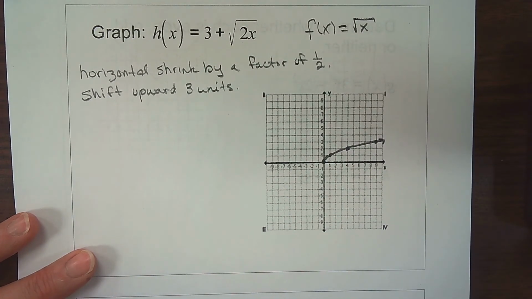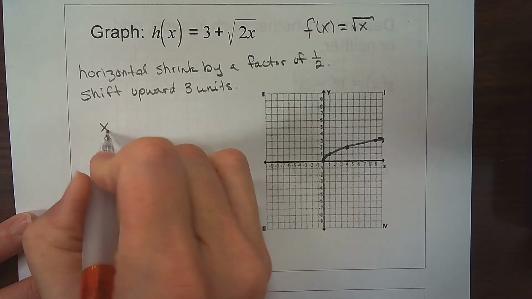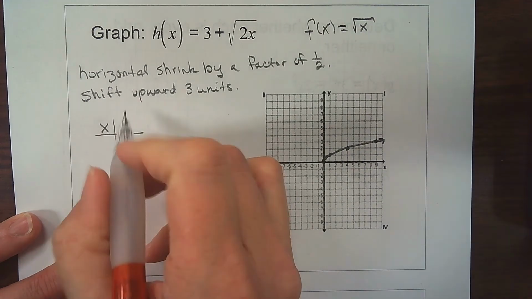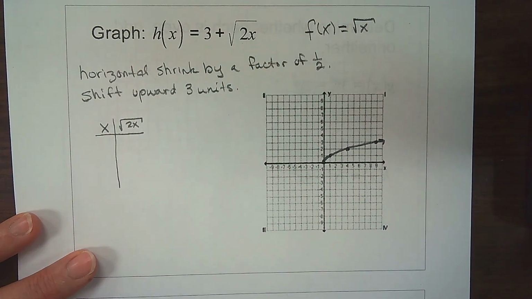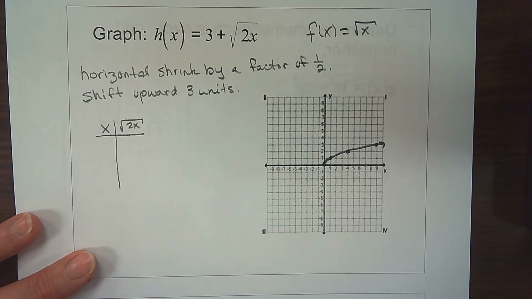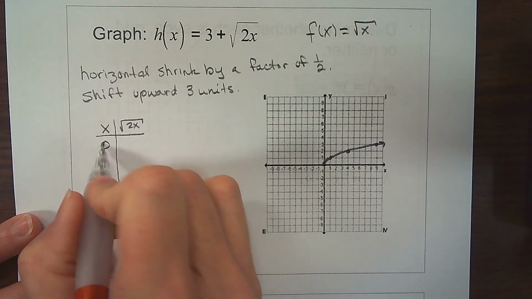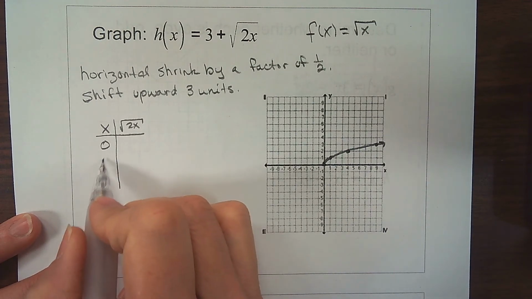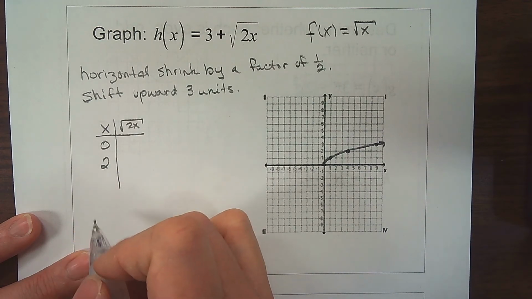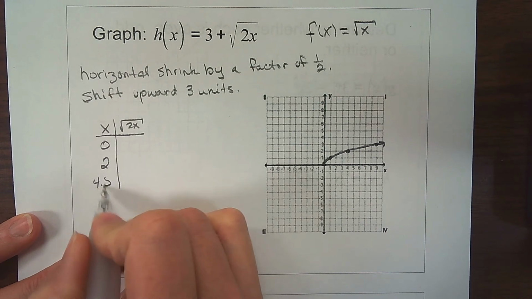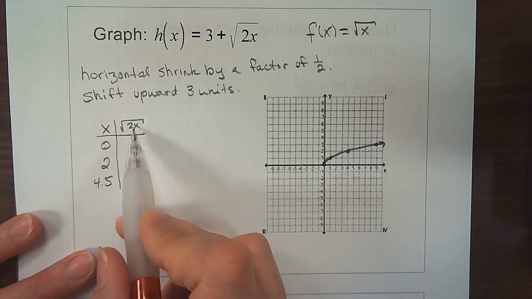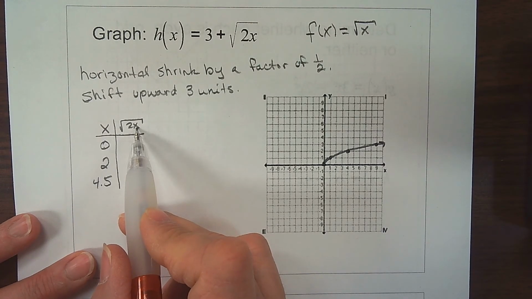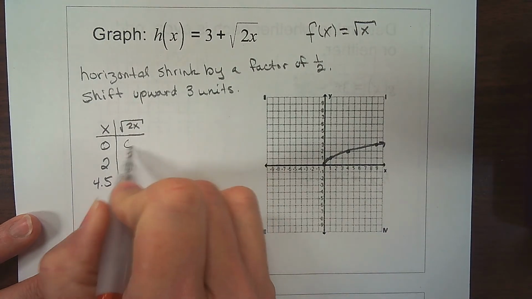Okay, let's now think about taking some x values and finding the outputs just for the square root of 2x. And I'm going to be strategic about what I pick. I'm going to pick 0, and then I'm going to pick 2, and how about 4.5? And maybe you'll be able to see why I'm choosing those values. If I plug in 0 here, 2 times 0 is 0, the square root of which is 0, that's nice.